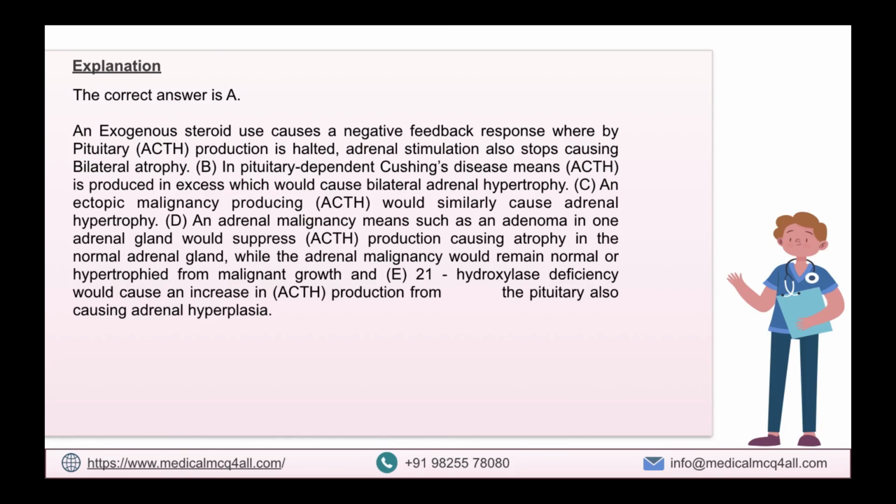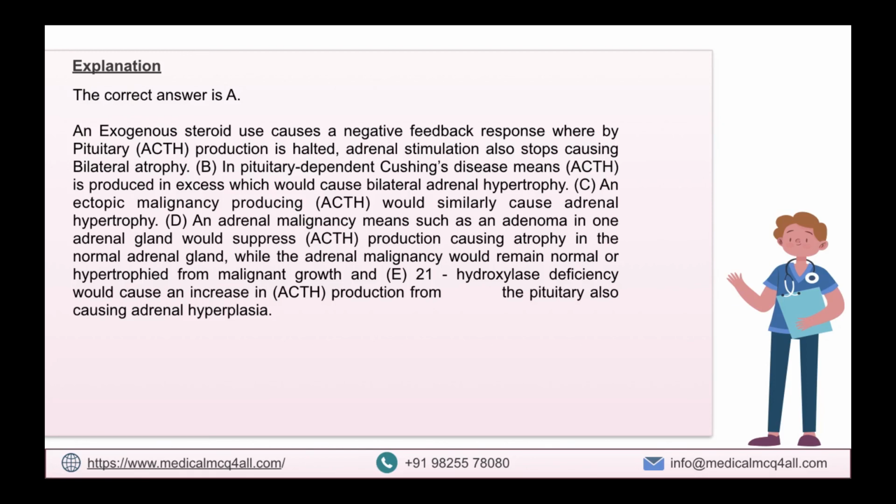In option B, pituitary-dependent Cushing's disease means ACTH is produced in excess, which would cause bilateral adrenal hypertrophy. In option C, an ectopic malignancy producing ACTH would similarly cause adrenal hypertrophy.